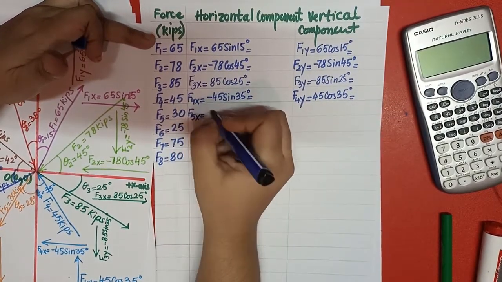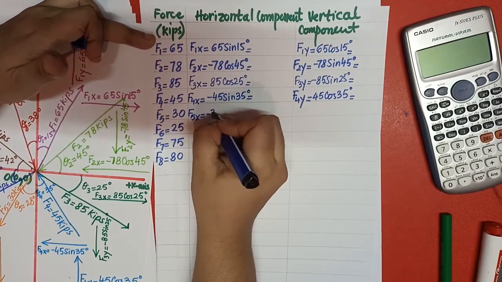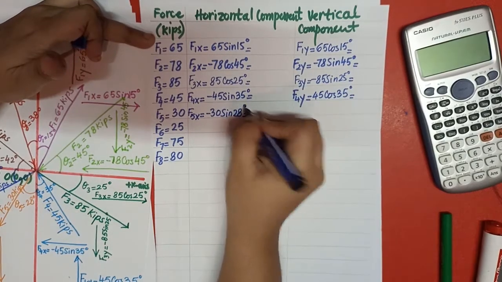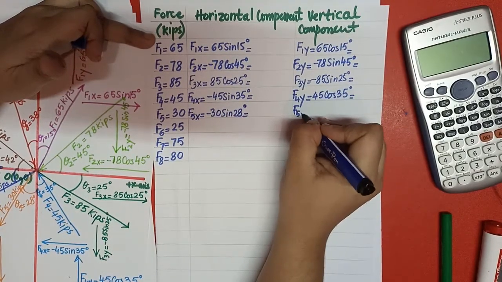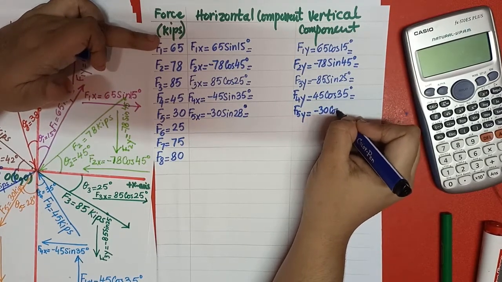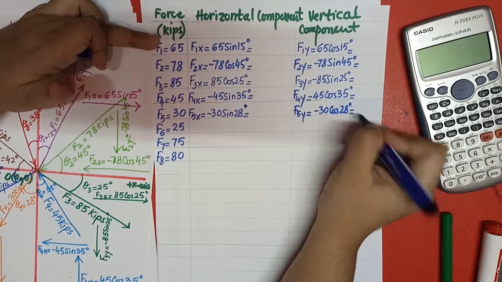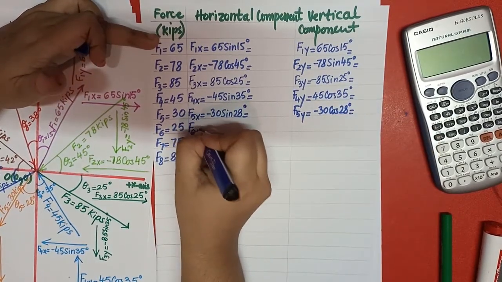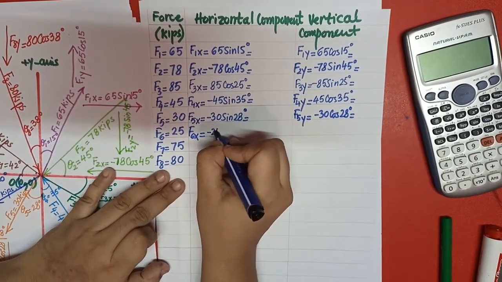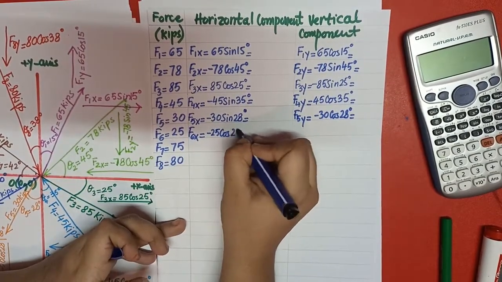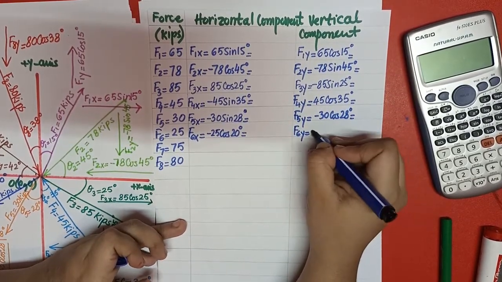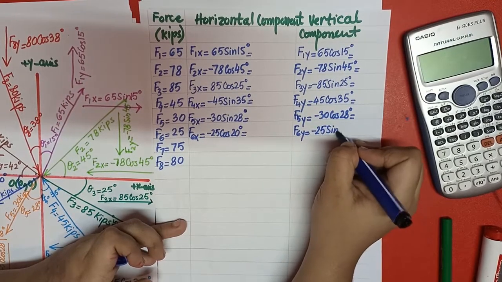F5x is equal to minus 30 sine 28 degrees, and F5y is equal to minus 30 cos of 28 degrees. F6x is equal to minus 25 cos of 20 degrees. F6y is equal to minus 25 sine 20 degrees.